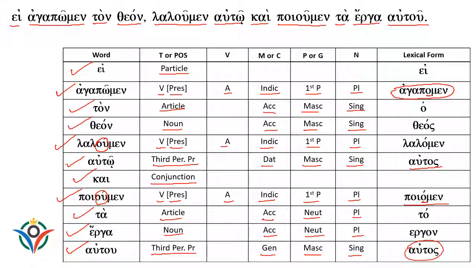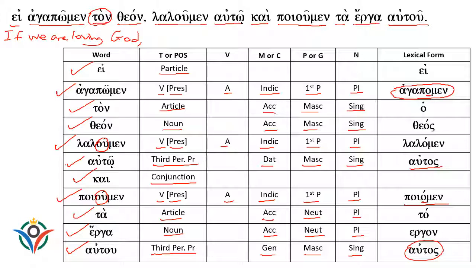So ei, if, agapomen, if we are loving, ton theon, if we are loving God. So now even though we have the article there in the Greek, we don't translate this as the God. We can leave the article out because it's a proper name.